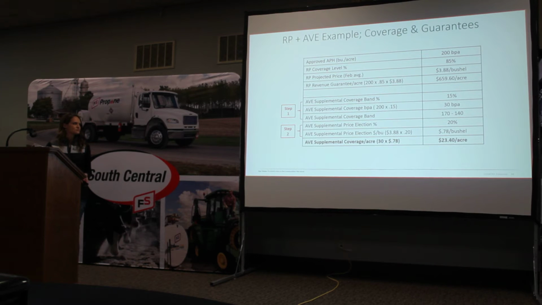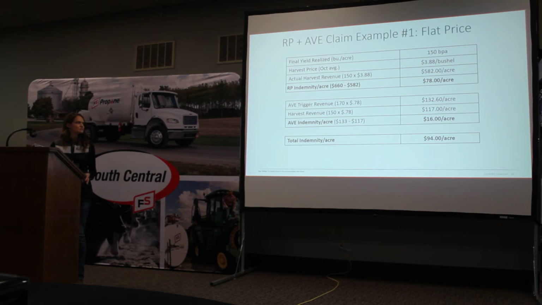So now our trigger is going to be anywhere from 170 to 140 as far as a claim on this ABE. And then you can choose your 5 to 25 on the price, and we chose 20 in this example. So we're going to guarantee ourselves 78 cents per bushel. So essentially, we're looking at a $683 per acre guarantee here, which is kind of nice, as far as being able to market things and whatnot.